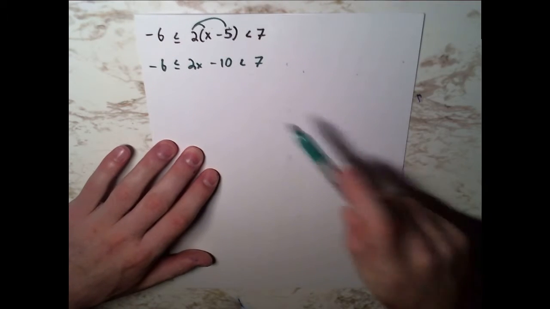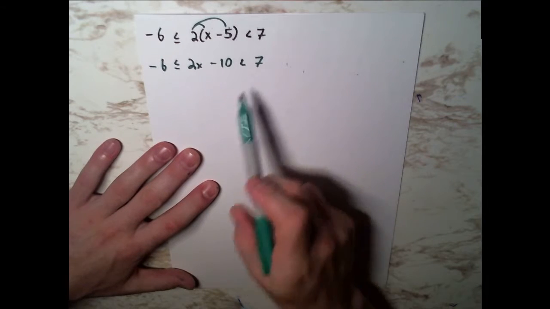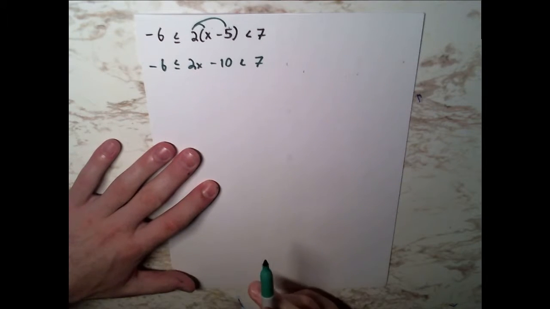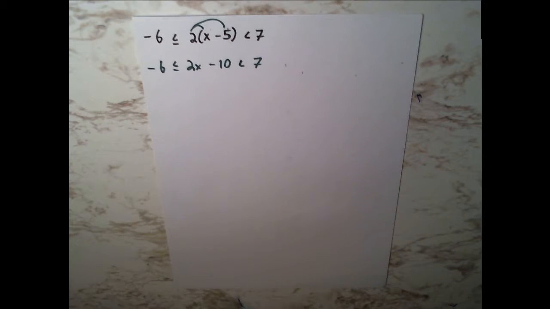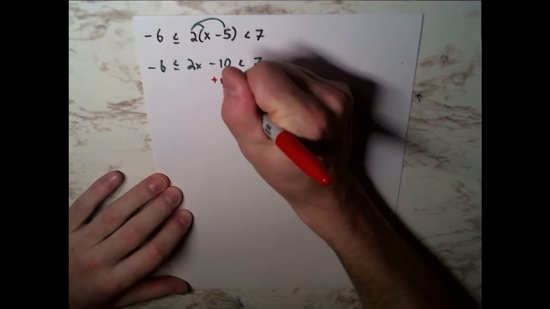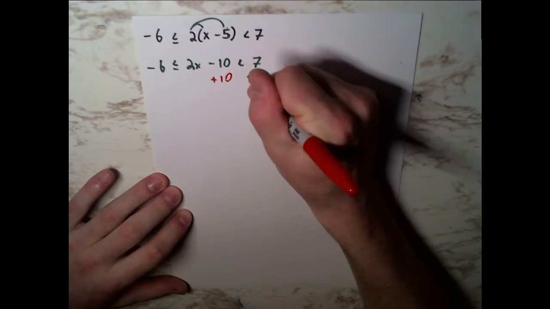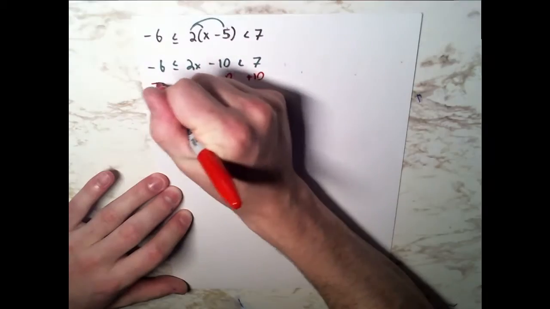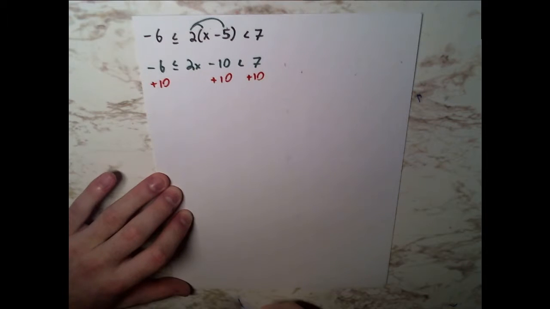So that's exactly what we're going to do to this equation, only we're going to do it to this side and also to this side. So I'll do it in a different color. We're going to add 10 here, add 10 here, and also add 10 here.